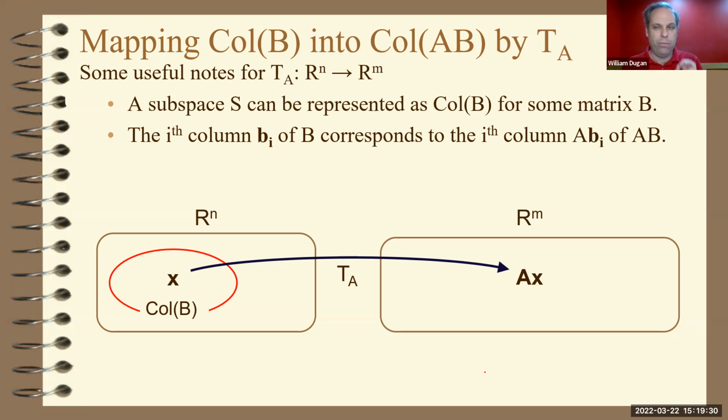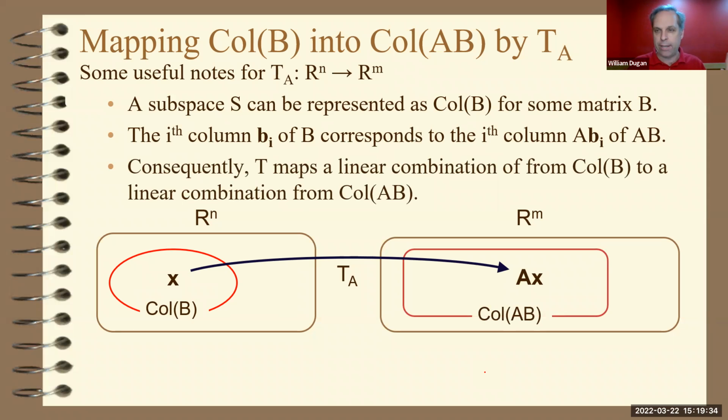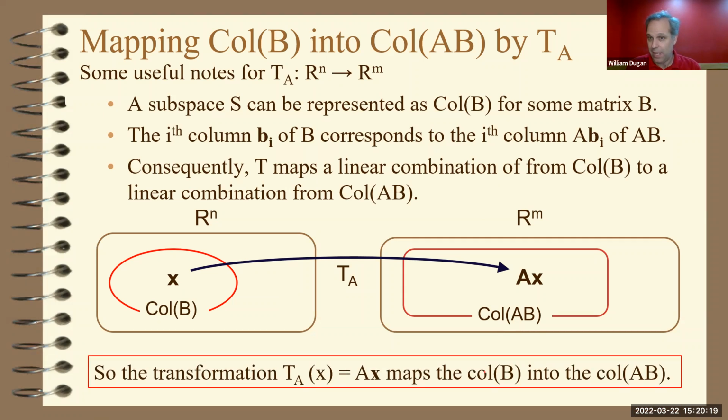That means that if you take any linear combination of vectors in B, it will automatically correspond to a linear combination in the column space of A times B, because you can distribute the linear transformation through that linear combination, going through the sums and the constant multiples, and you'd map the transformation to the columns of B, but that would then become the columns of A times B. So every vector in the column space of B gets mapped to a vector in the column space of A times B.